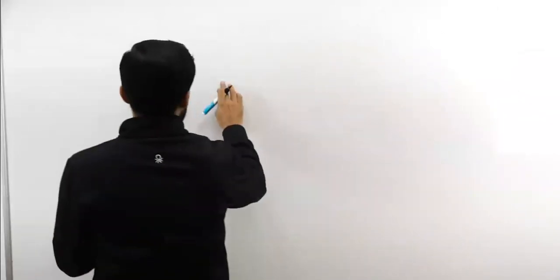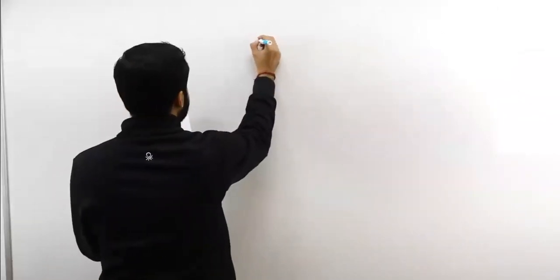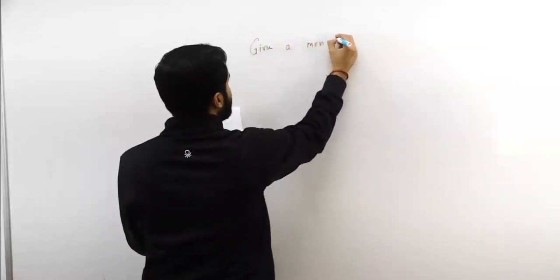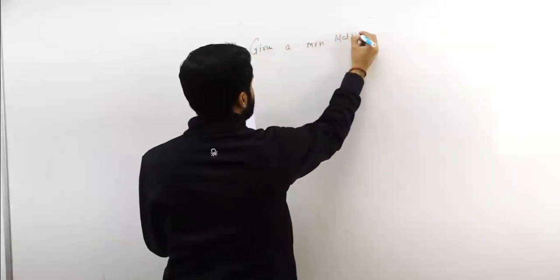Okay, let us quickly solve a problem now, a very interesting problem. This question has been asked tons of times in interviews. The question says that we have been given an M cross N matrix.